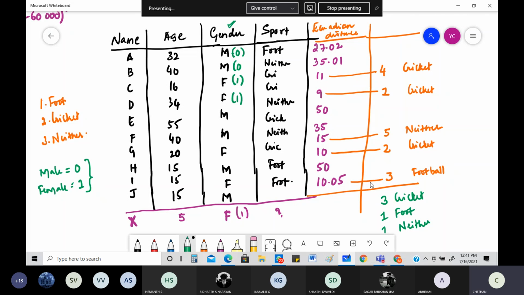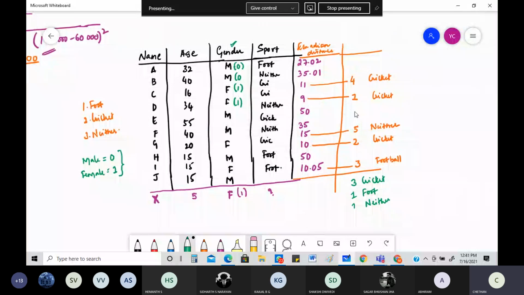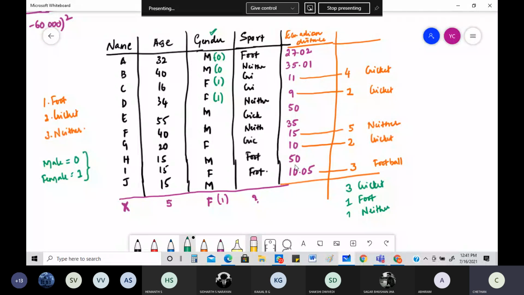So when you have values like this, what is the problem? The problem is very simple. You don't have to worry about anything. You can directly say that X is going to play cricket.